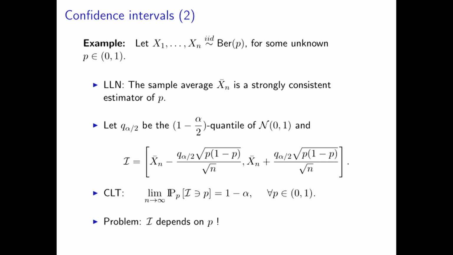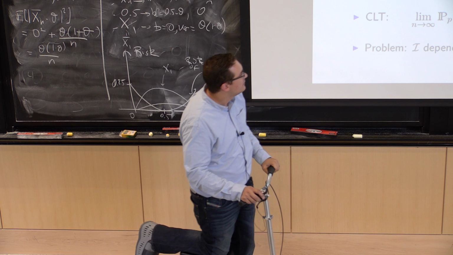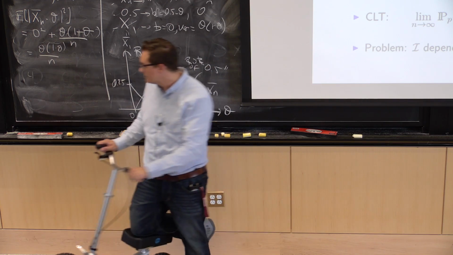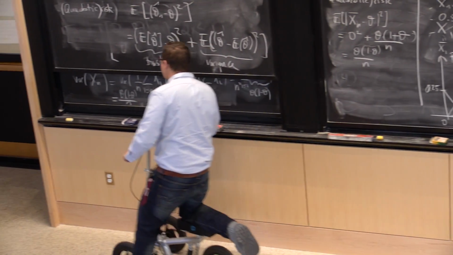And now, thanks to the central limit theorem, we actually did this. We built a confidence interval at asymptotic level 1 minus alpha, all right? And so this is how we did it. Let me just go through it again.